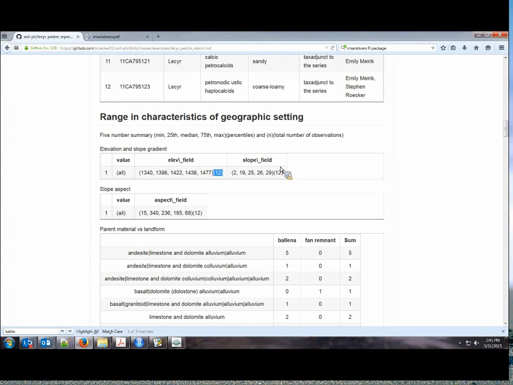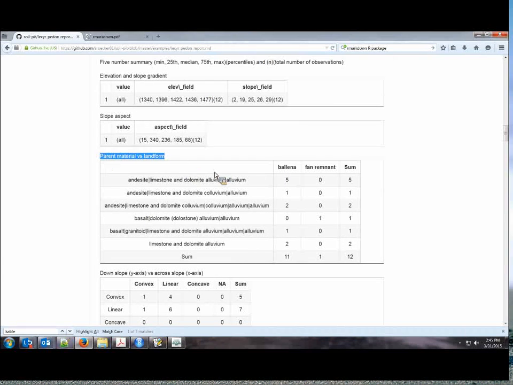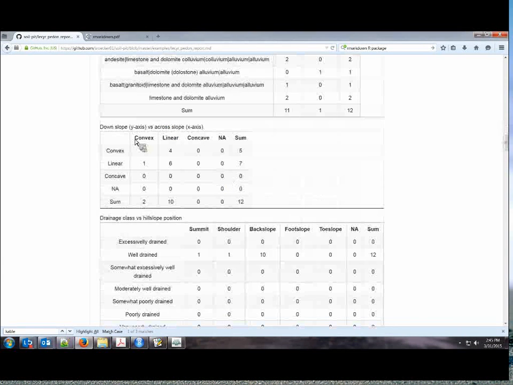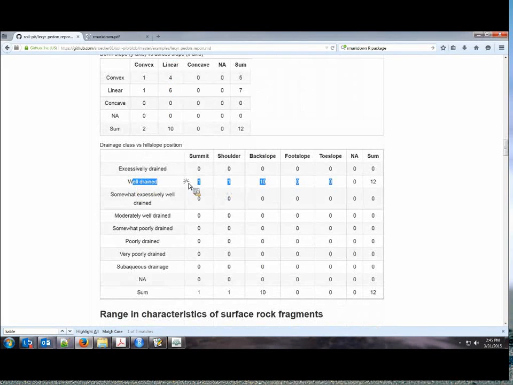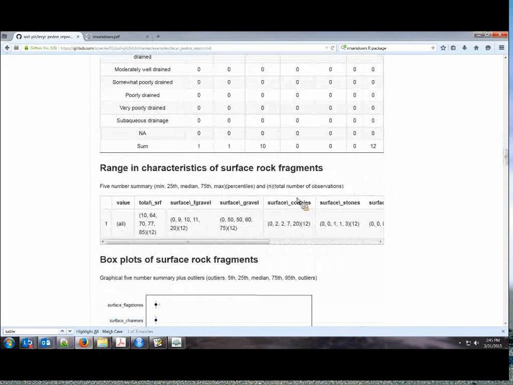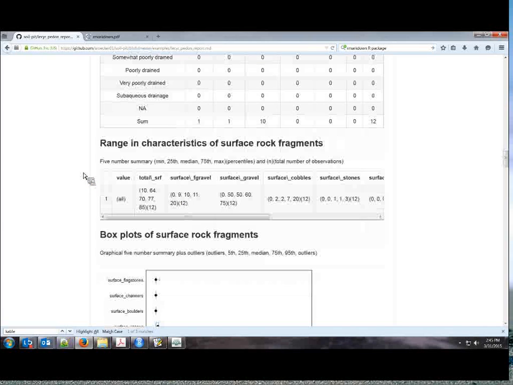Parent material versus landform, slope shape: it's on a hill, shocker, it's linear on average. We're out in the desert, go figure, everything's well drained on average. A summary of the rock fragments on the horizon, or on the top of the surface. And then we get into some graphics, breaking out what's reflected in the table up here.